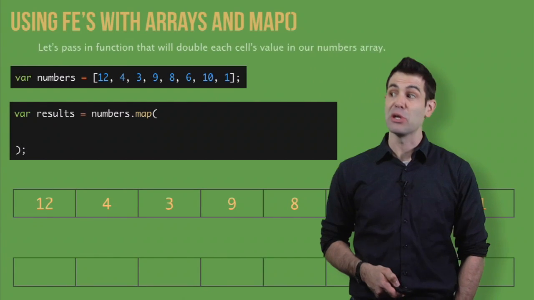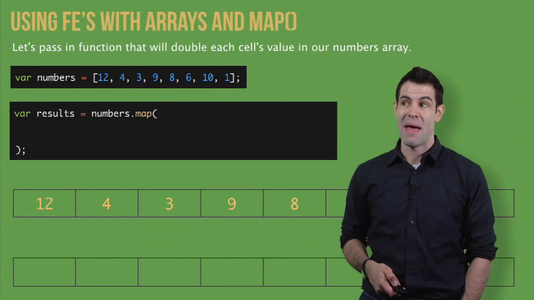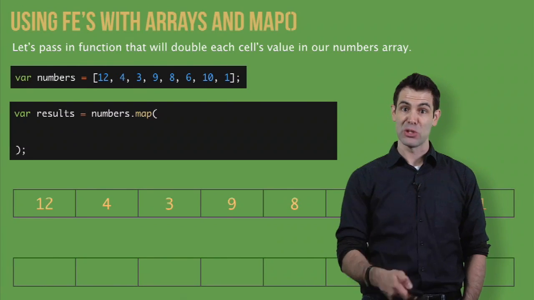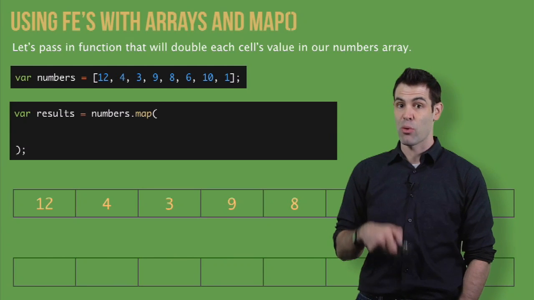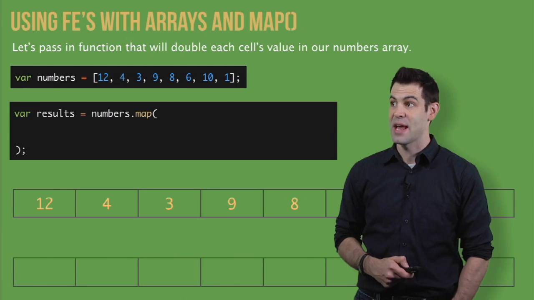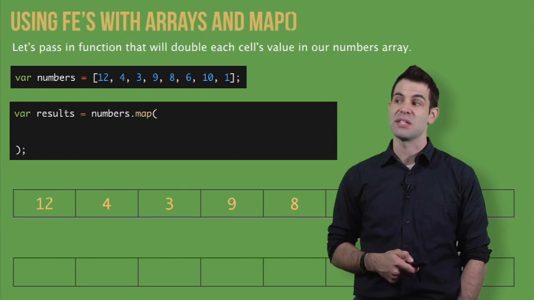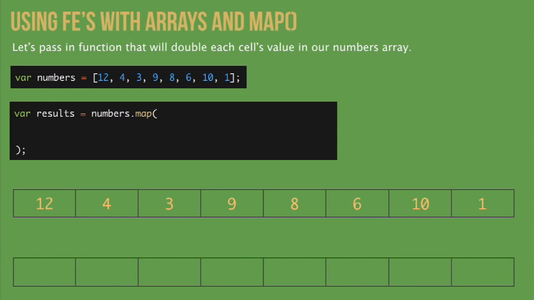So now let's actually build a function to pass to our map method. This time we won't use a variable, we will use a built function expression in the parameter parentheses. So let's check that out. What we're going to do is just simply double each number inside of our numbers array. So there's our function keyword, and here we have right after the function keyword our parameters with the array cell parameter.